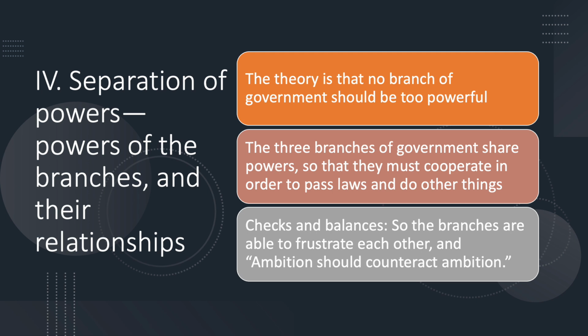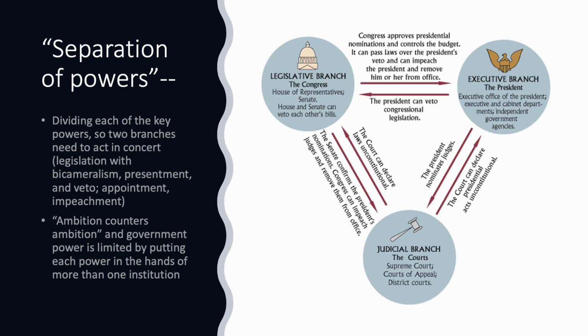Don't have an overly powerful executive, an overly powerful legislature, or overly powerful courts. Each branch of the government has to have ways of frustrating, blocking the other branches. And why? So that they have to cooperate with each other, so that you can't have tyranny. That's the theory. And I'm not sure this is necessarily always going to work, but that's the theory. Okay? Ambition should counteract ambition.